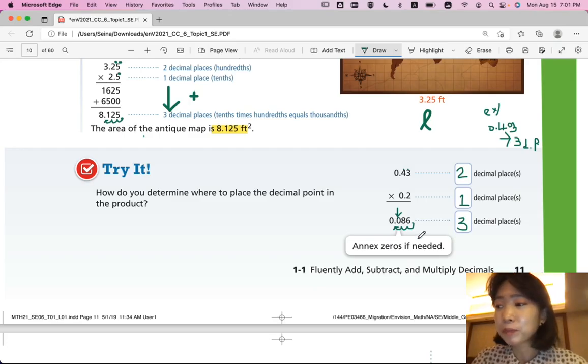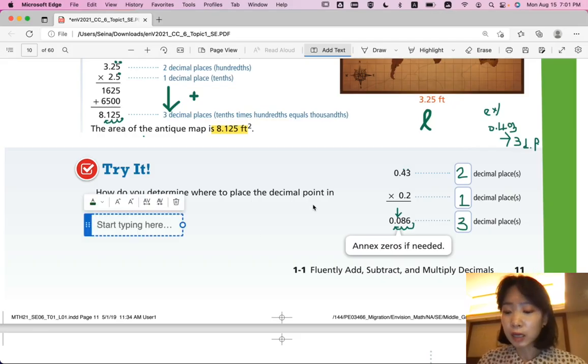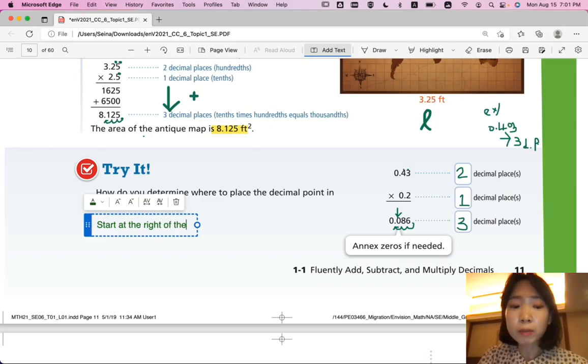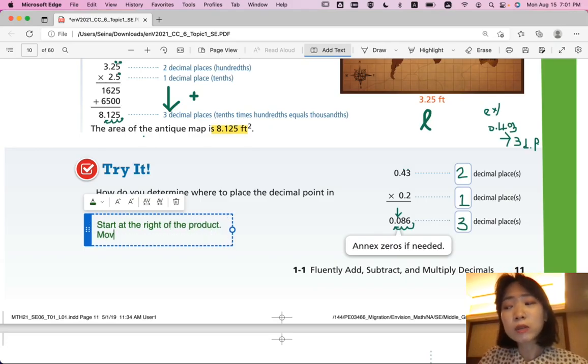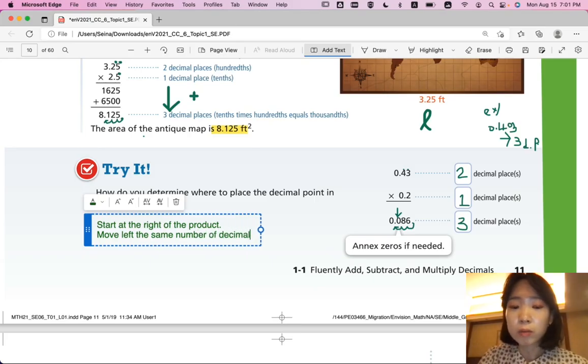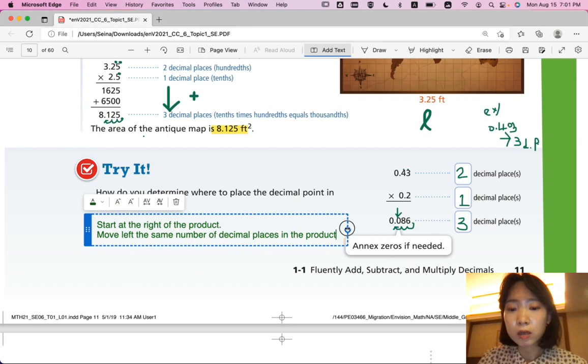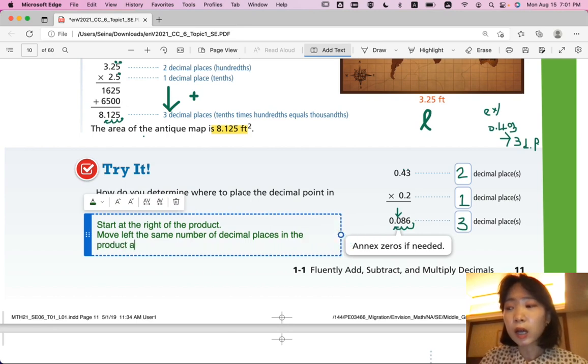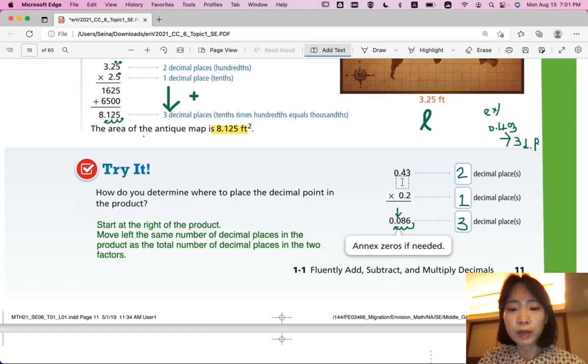Is that clear? Okay, let's describe that in words. So start at the right of the product. We're going to move left the same number of decimal places in the product as the total number of decimal places in the 2 factors. Okay?